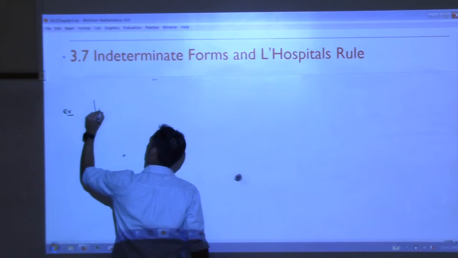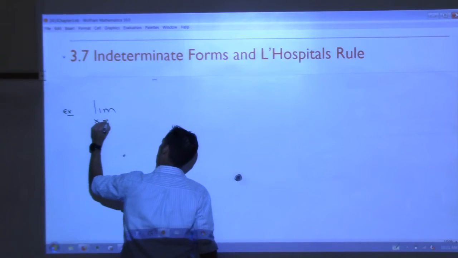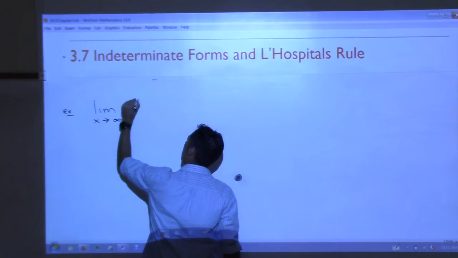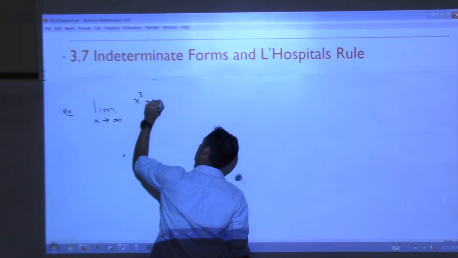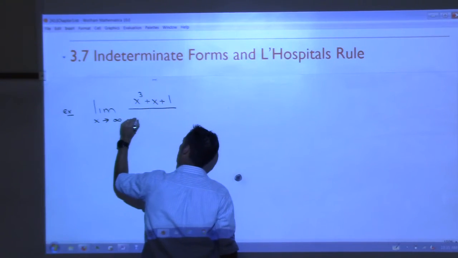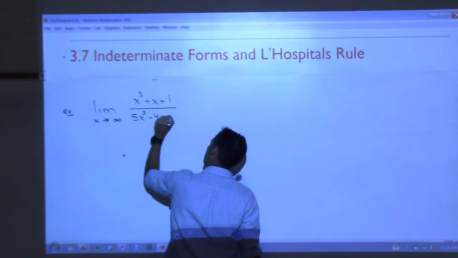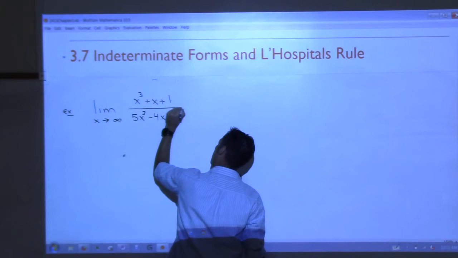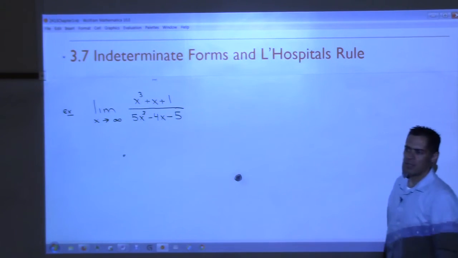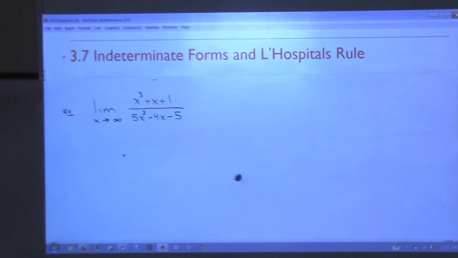How about this one? Limit as x goes to infinity of x cubed plus x plus 1 over 5x cubed minus 4x minus 5. Okay, what happens with this limit if I let x go to infinity?